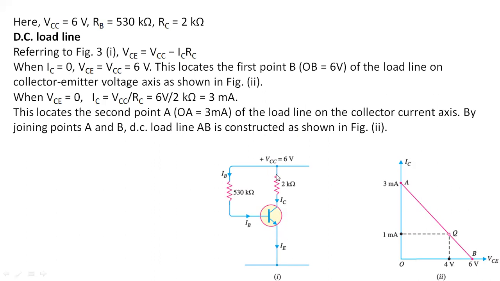Whenever we apply a certain voltage, a certain amount will be consumed by the resistor, and the remaining voltage will appear across the collector to emitter.